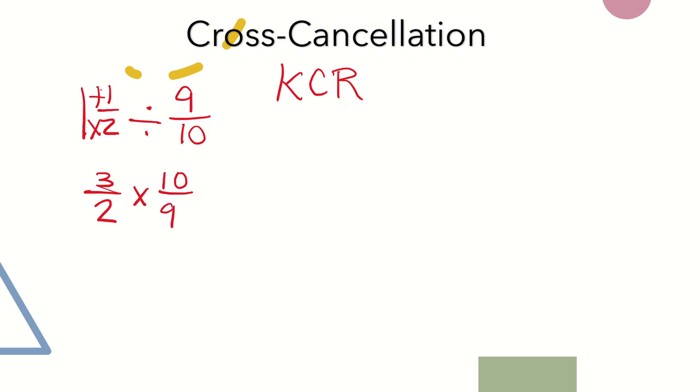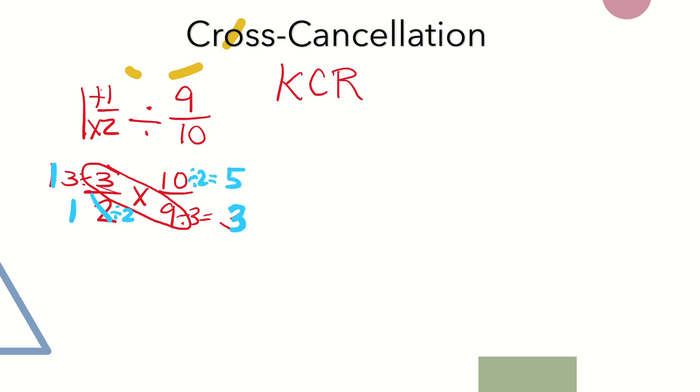In this case, I'm going to look and see what my cross products have in common, or my cross cancellation. 3 goes into 3 one time. 3 goes into 9 3 times. Let me choose another color. 2 goes into 2 one time. 2 goes into 10 5 times.